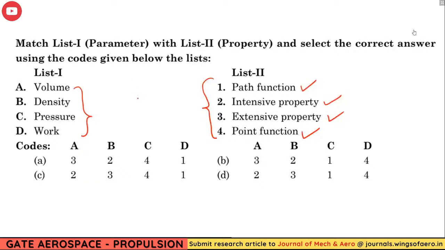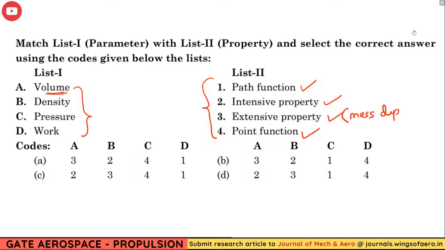Now, look into it very carefully. We know volume is what kind of function? Can you tell me? It is dependent on mass, ma'am, directly. Dependent on mass means what?